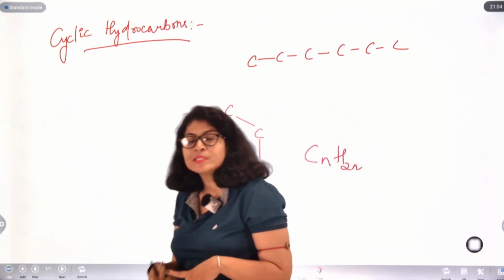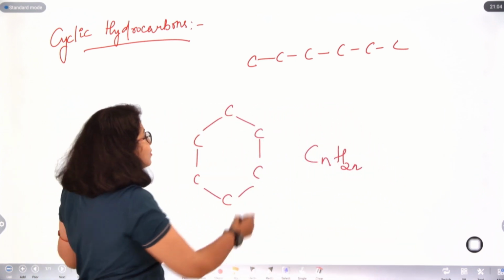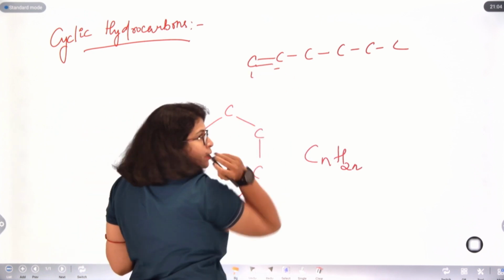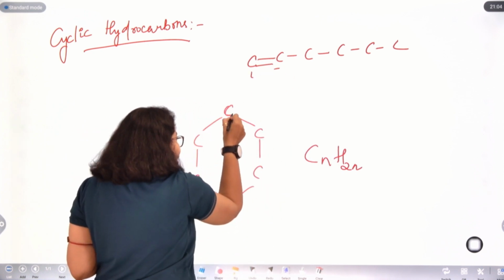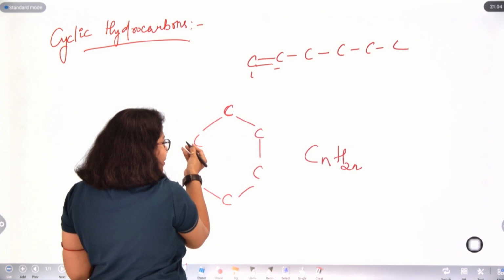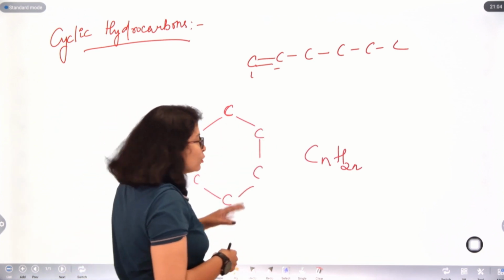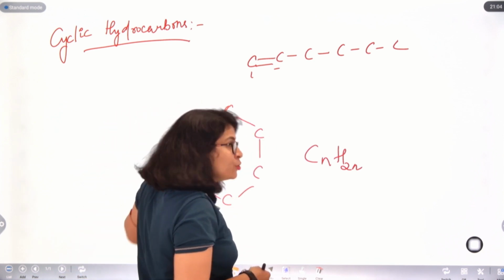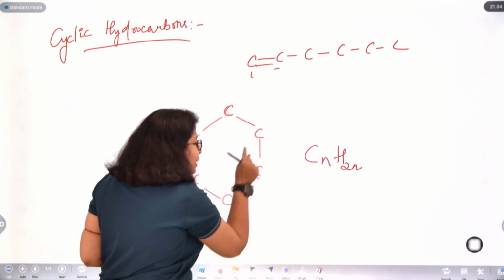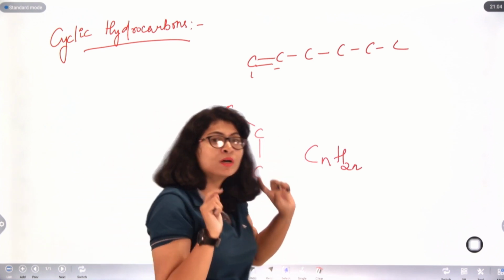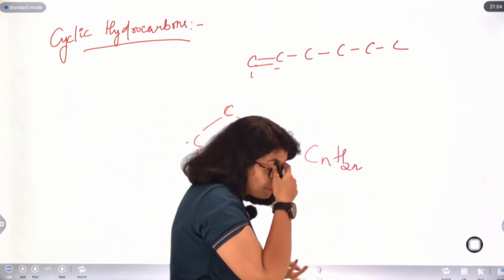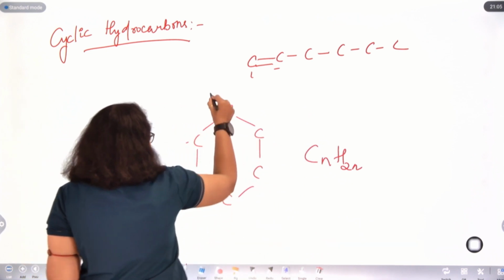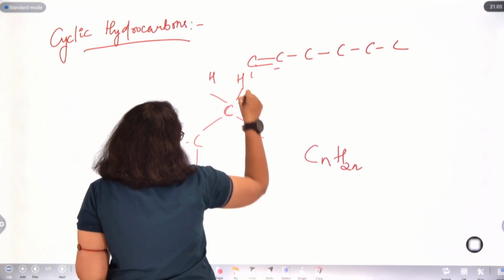But what happens? In alkene there was a double bond between the same carbon atoms, but here this carbon atom is forming one bond with this carbon and one bond with this carbon. So for each carbon atom, two of its valencies are satisfied in bonding with two other carbon atoms. That's why the number of hydrogen is reduced. Here it has a tendency to occupy two hydrogens.